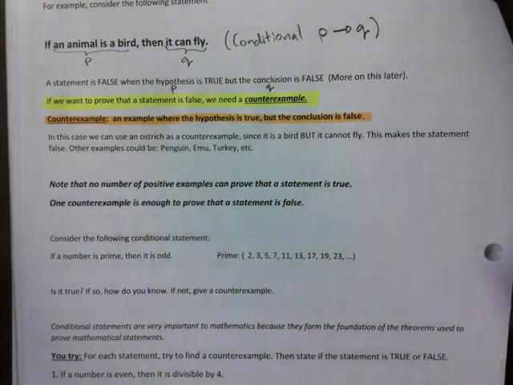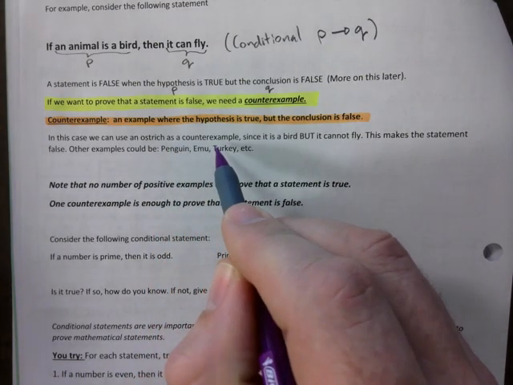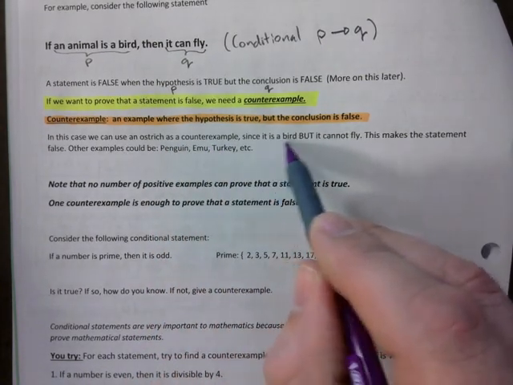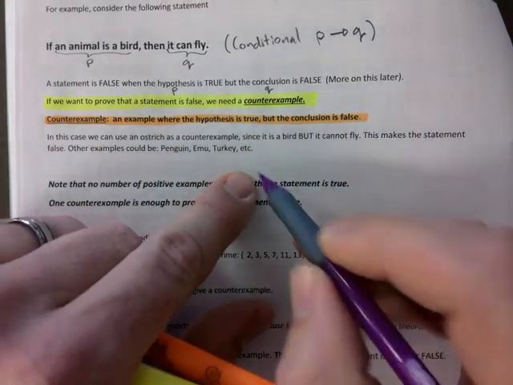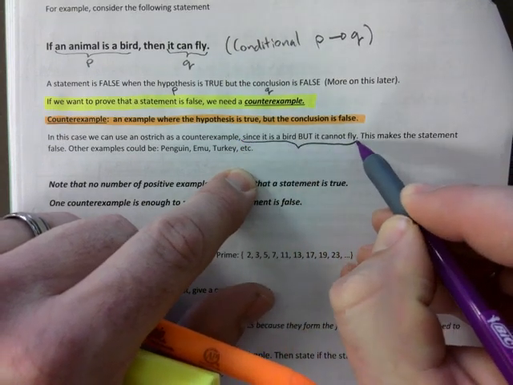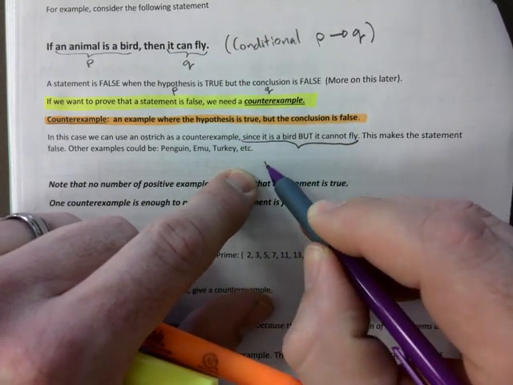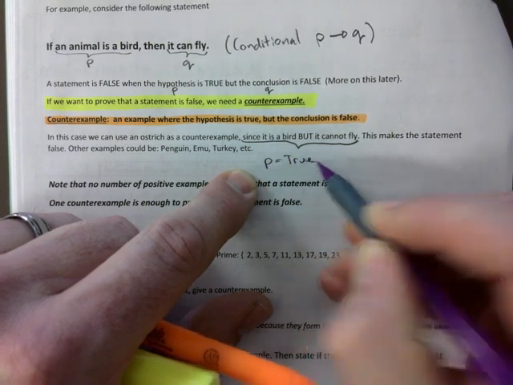I'll use a different color for that one just so it kind of sticks out. In this case, we can use an ostrich as a counterexample. Since it is a bird, but it cannot fly. So this statement right here, I'm just going to distill this. It is a bird, so the P part is true, right?